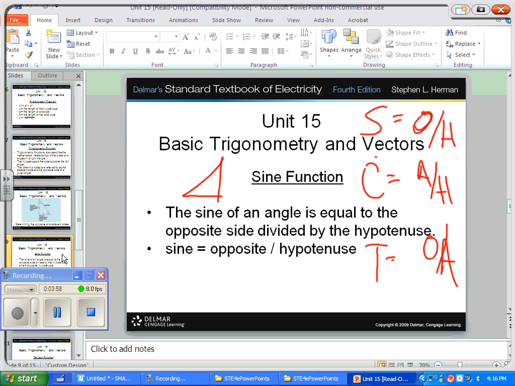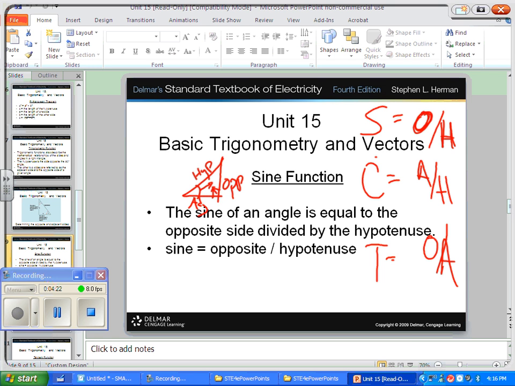Now let's look at, again, this is the side adjacent, the side opposite. This is our angle. The one that's opposite is the opposite. The one that's next to it is the adjacent. The one that's opposite the 90-degree angle is the hypotenuse, and it's always the longest. And oh hell stands for the opposite over the hypotenuse.